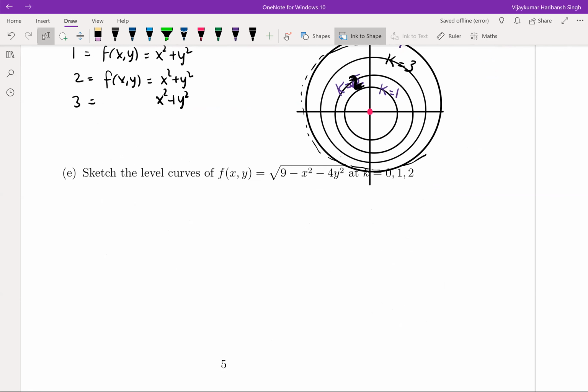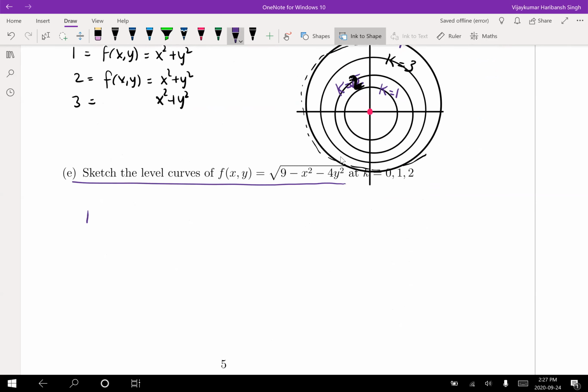Now let's look at the following. Sketch the level curve for the square root of 9 minus x squared minus 4y squared for k equals 0, 1, 2. Again, we have k.